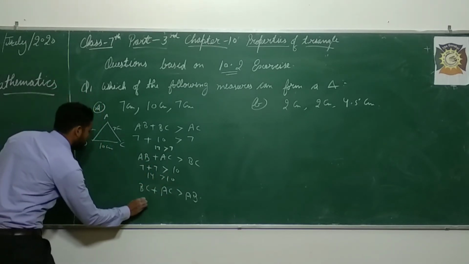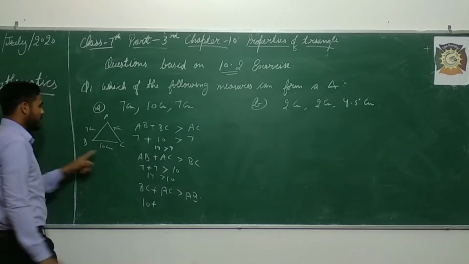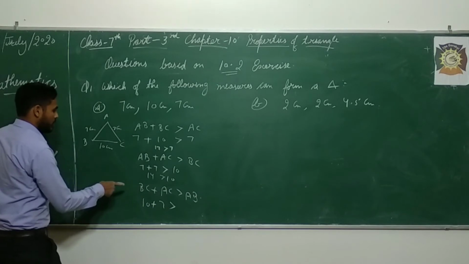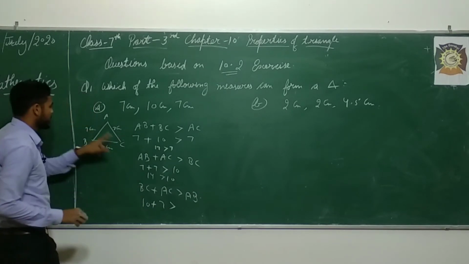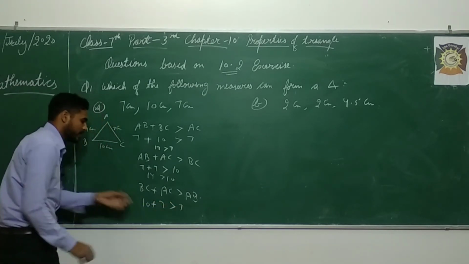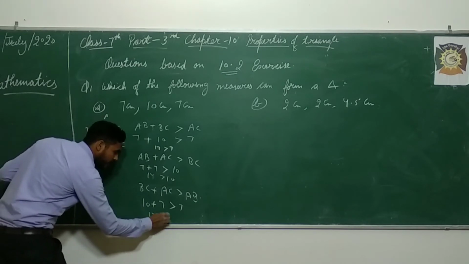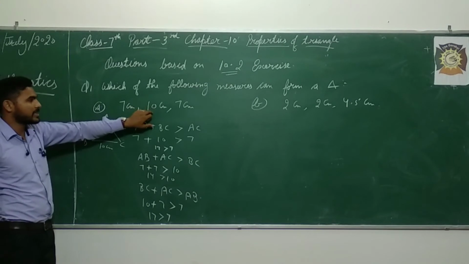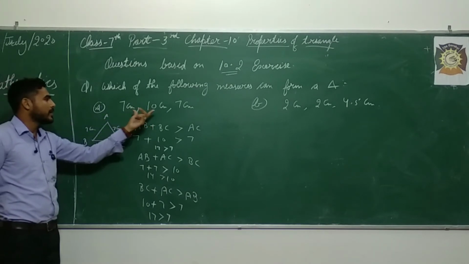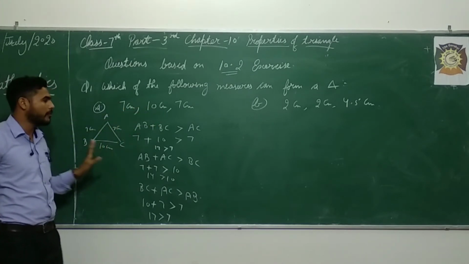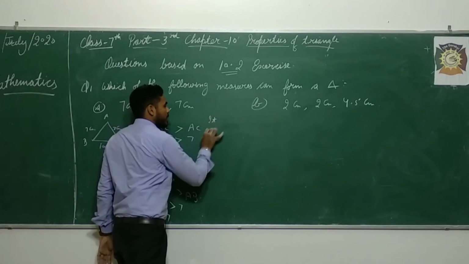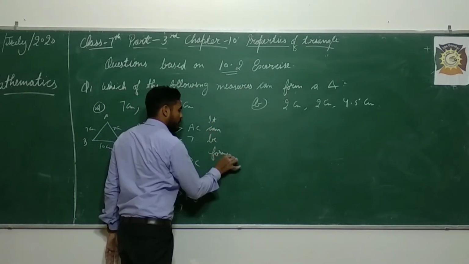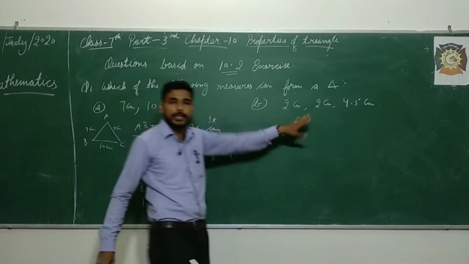After that, the third one: BC is 10, AB is 7, and AC is 7. 10 plus 7, 17, is also greater than 7. It means a triangle of these measures can be formed. After that, the second question.